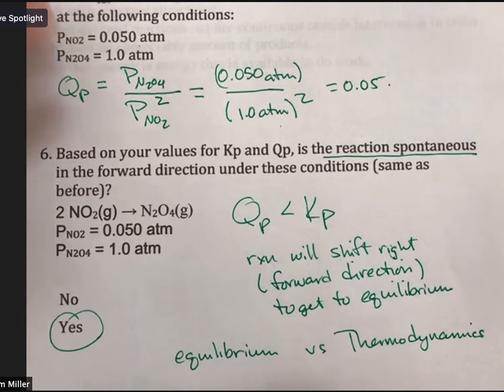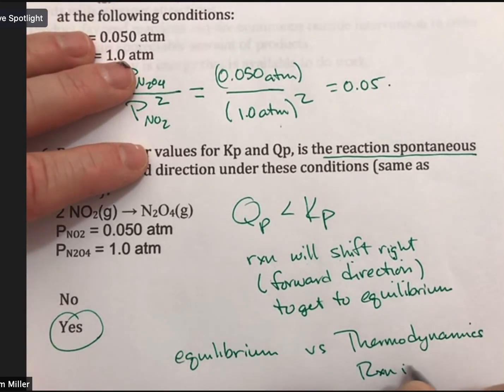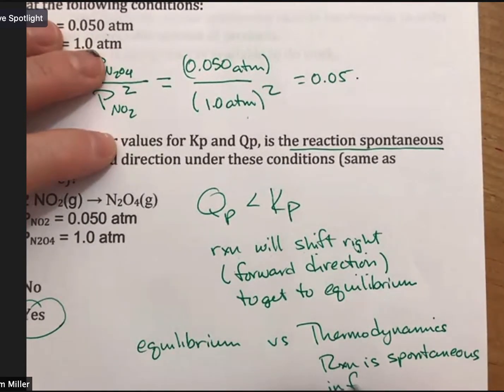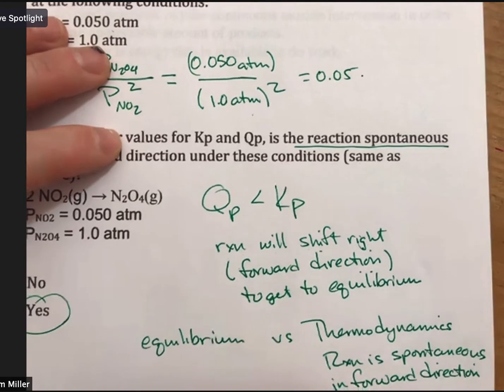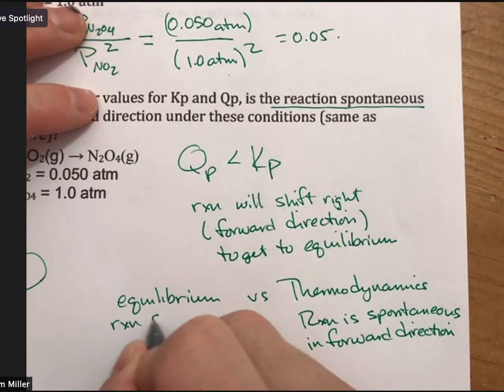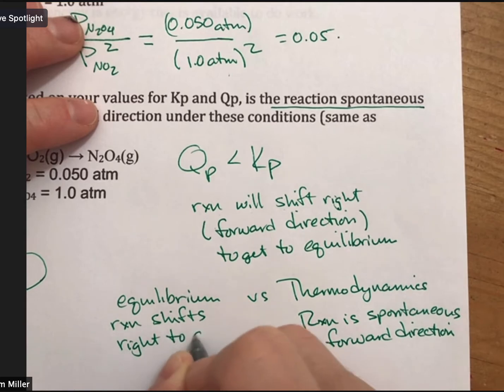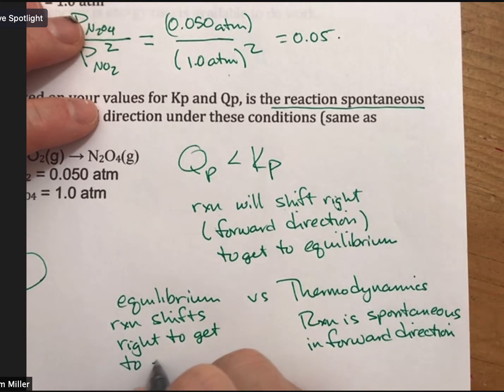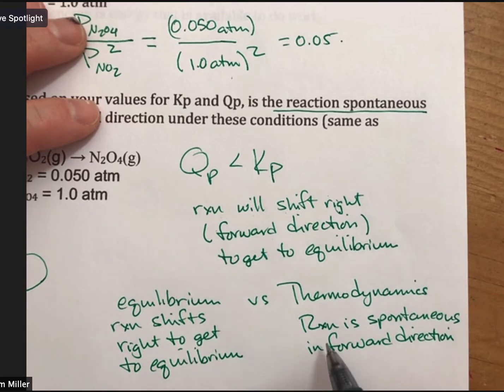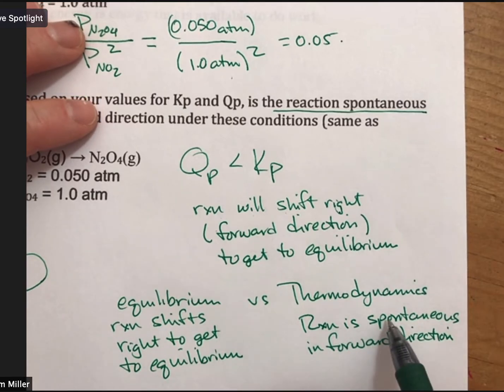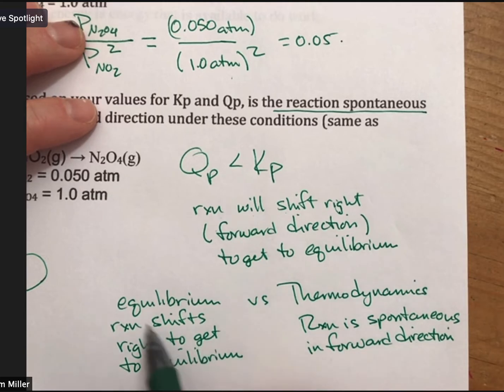Where thermodynamics says the reaction is spontaneous in forward direction, equilibrium would say the reaction shifts right to get to equilibrium. And where thermodynamics says reaction is non-spontaneous in forward direction, equilibrium would say reaction shifts left to get to equilibrium.